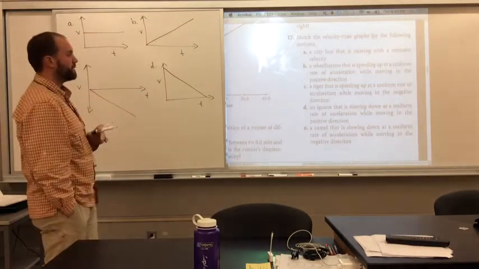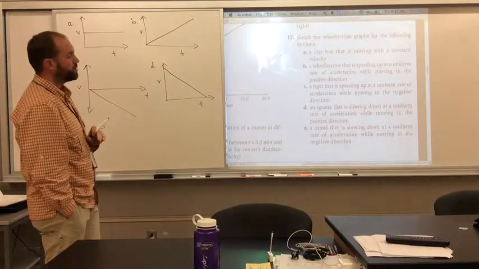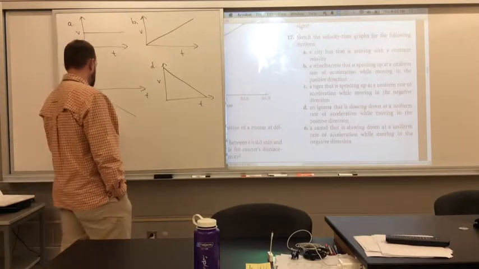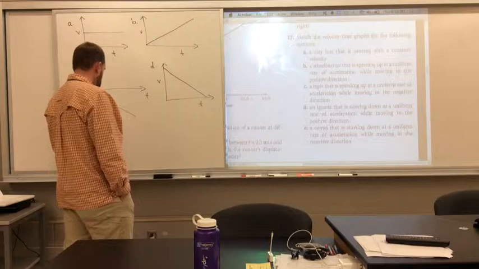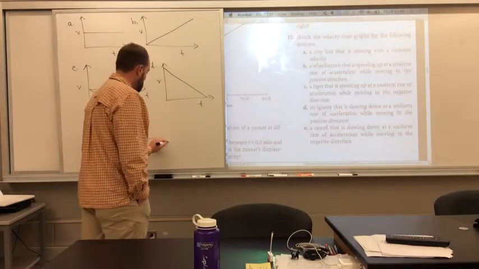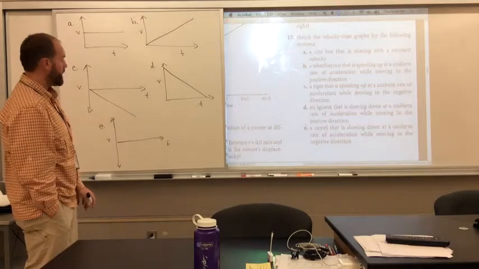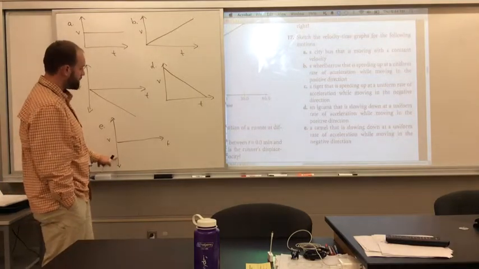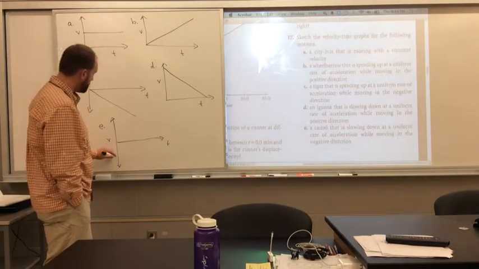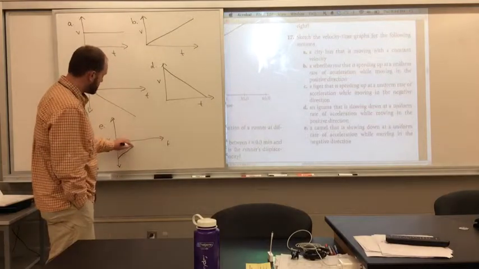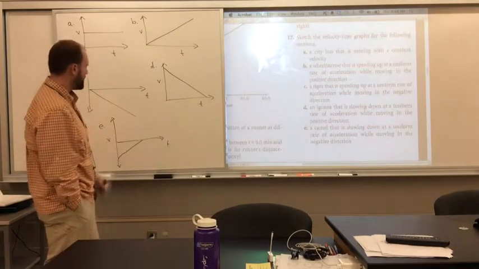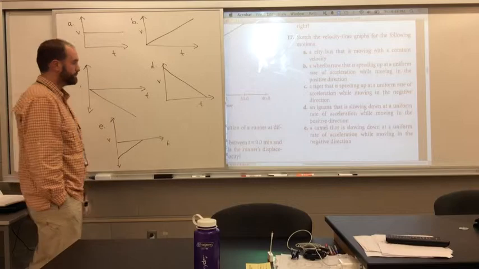A camel that's slowing down at a uniform rate of acceleration while moving in the negative direction. Time, there's velocity, okay? Camel's moving in the negative direction, so you know its velocity is going to be negative, but it's slowing down, so it's negative, and it's going to get less and less until the camel comes to a stop.